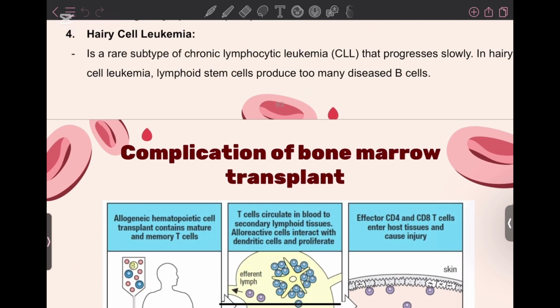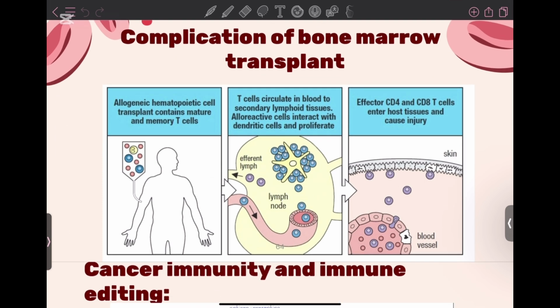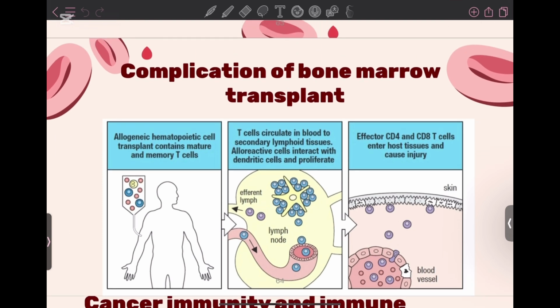Okay, now we said that one of the possible treatments is bone marrow transplantation. Now, what are the complications of bone marrow transplantation? We can have a graft versus host response, in which someone's allogeneic hematopoietic cells are transplanted and they contain mature and memory T cells.